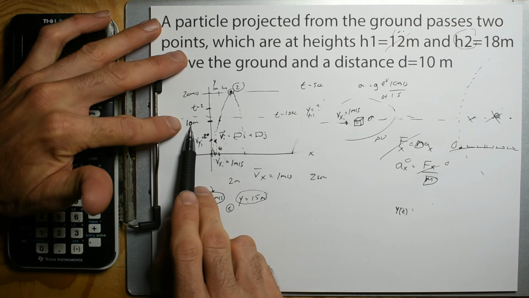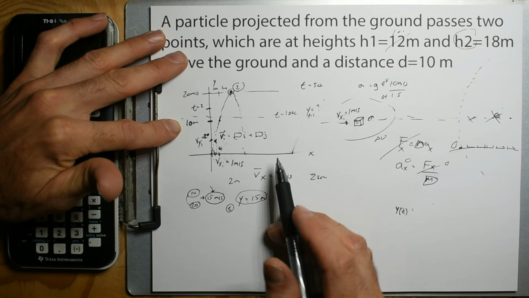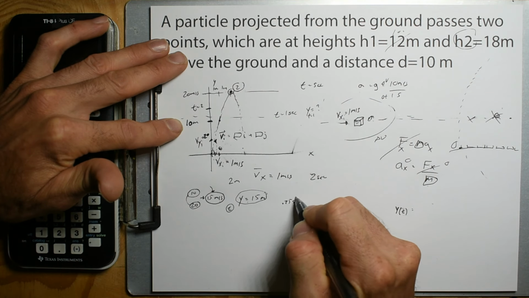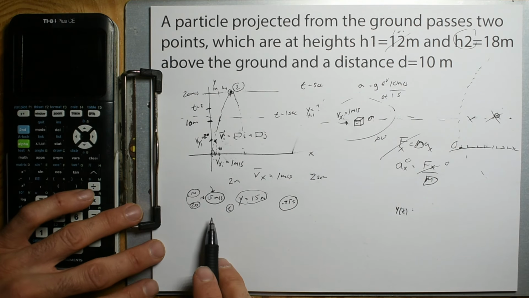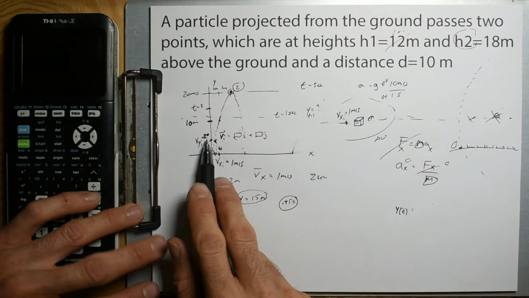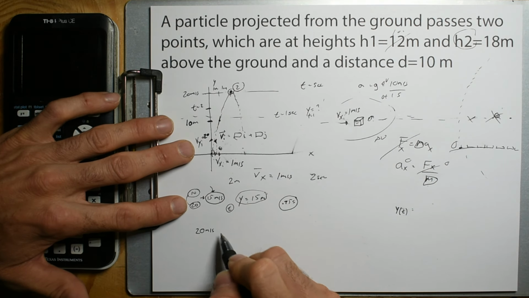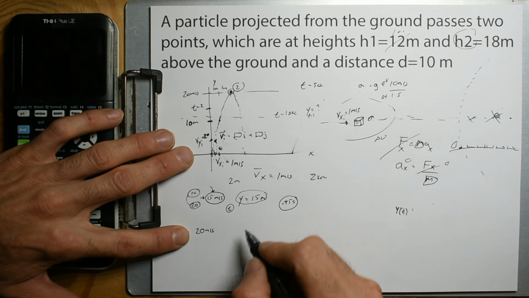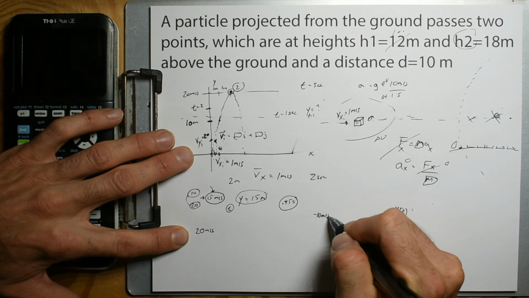But right now I could even just use guess and check. I could choose a time of 0.75 seconds, and let's do that for the first one. In 0.75 seconds, I'm going to go from 20 meters per second, and we know that every second my speed decreases by 10 meters per second.